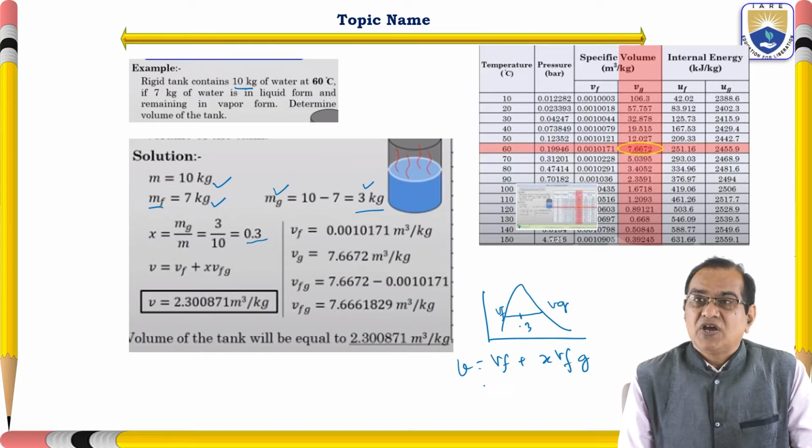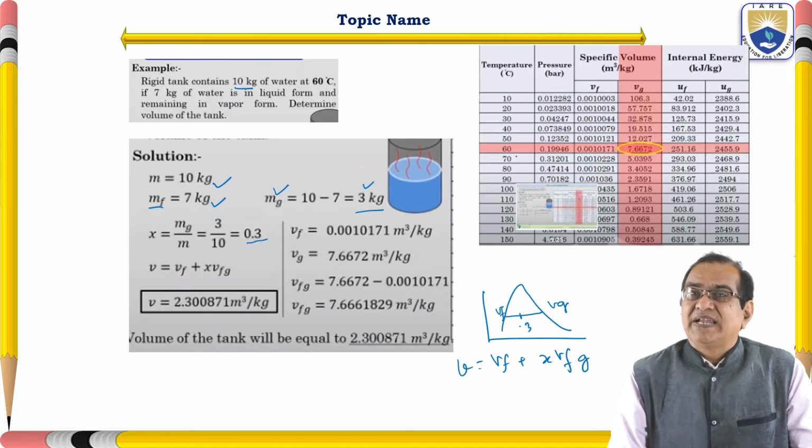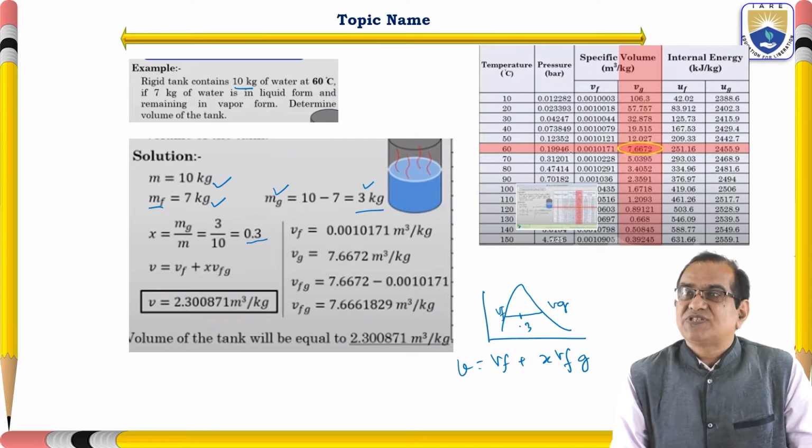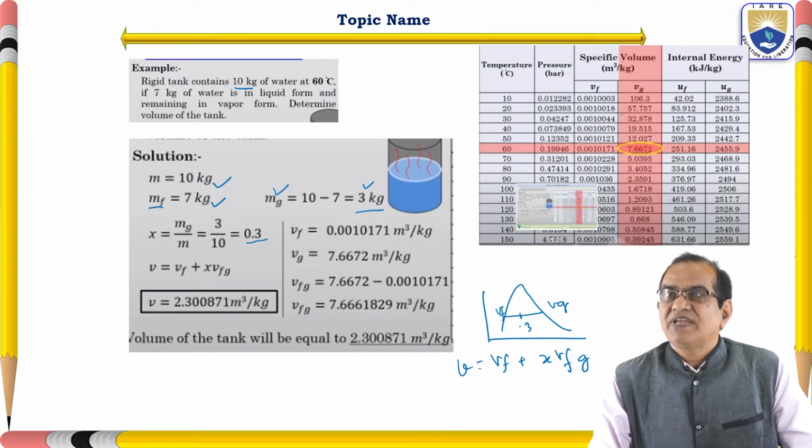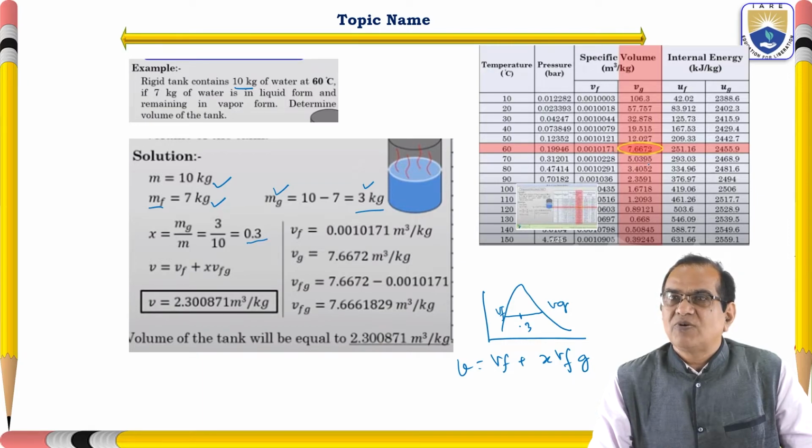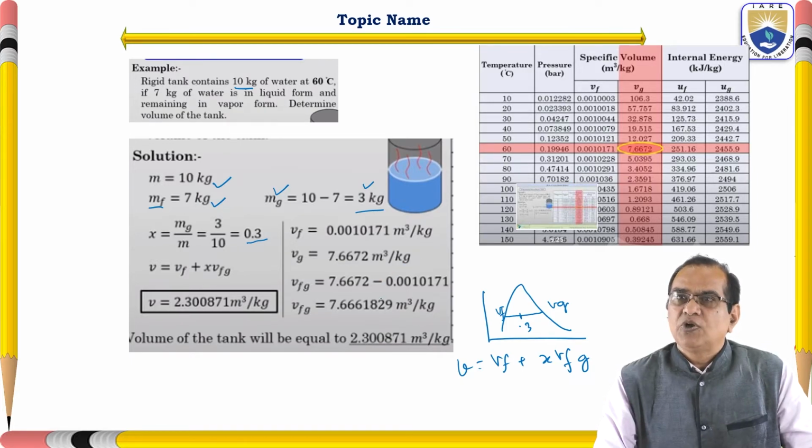From this table at 60 degrees centigrade, we can get Vf is equal to 0.01017 and Vg is equal to 7.6672. So Vfg is equal to 7.6672 minus Vf. So you will get Vfg is equal to this.